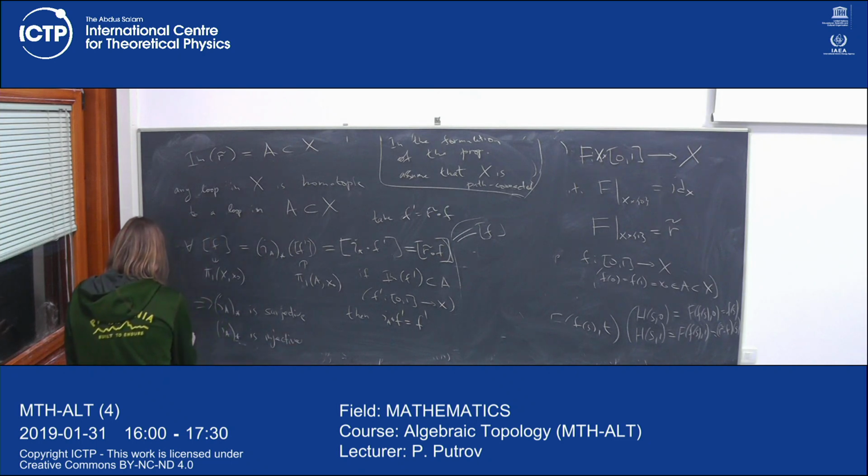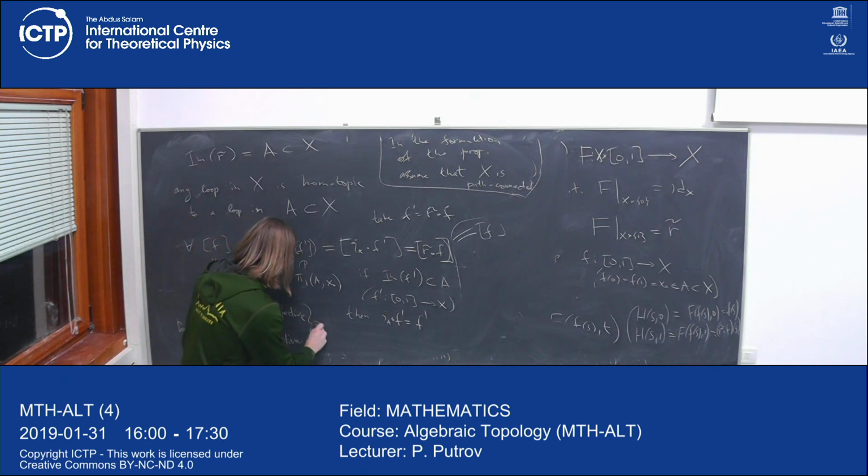So this is part one of the proposition which we already proved. This means that R star is an isomorphism.